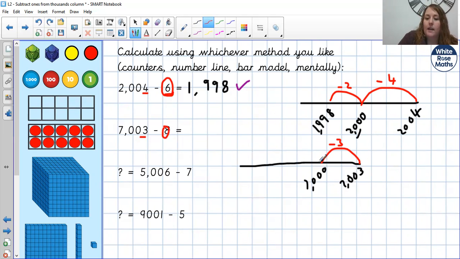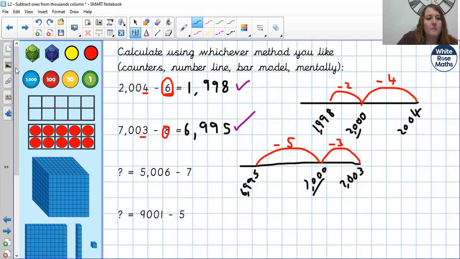I need to take away another 5. And again, my 5 and my 3 up here is equal to the 8 that I need to take away in total. So again, using my number bonds, I know that 95 would be the 100 take away the 5, and I had 70, and this would now go to 69. So if you had the number 6,995, please give yourselves a tick.